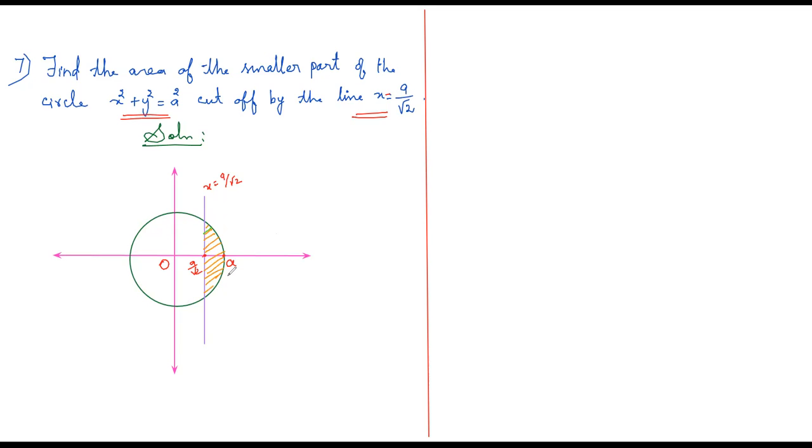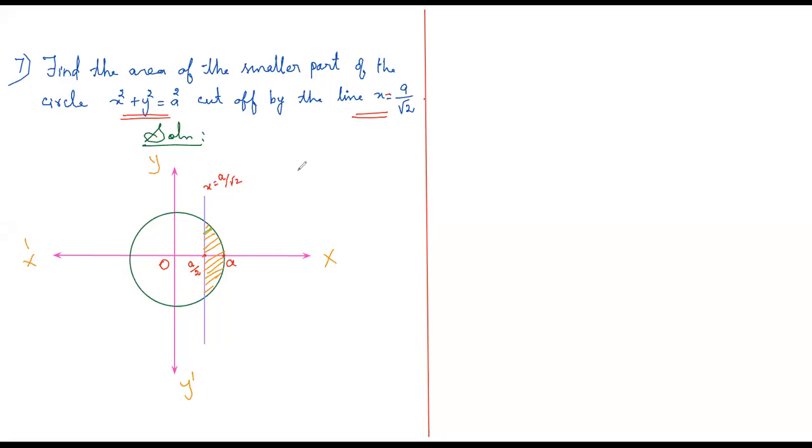So what next? You have to find the limits. This is x, this is x dash, this is y, and this is y dash. So the limit is a by root 2 to a. This is the region, and the equation you can get from the circle.